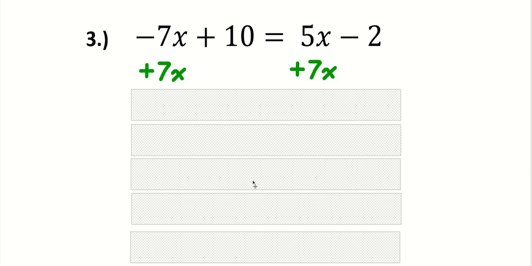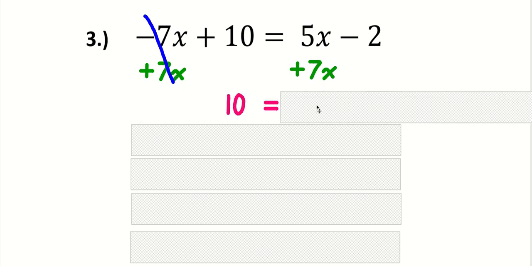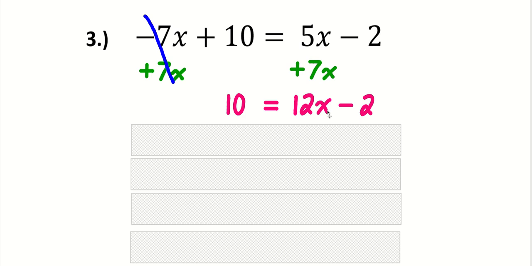We have to add it. So adding that cancels out that, and then the left side is just going to be the positive 10. And then what's the right side going to be? Isn't that going to be positive 12x, and then this minus 2 drops down?